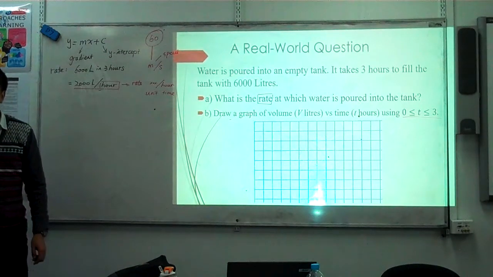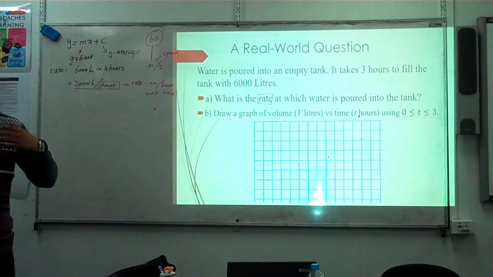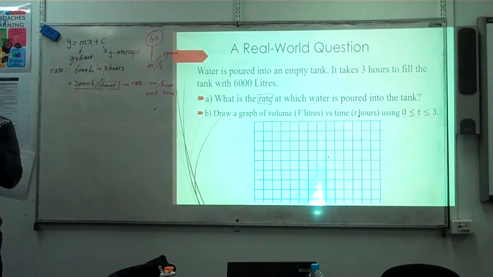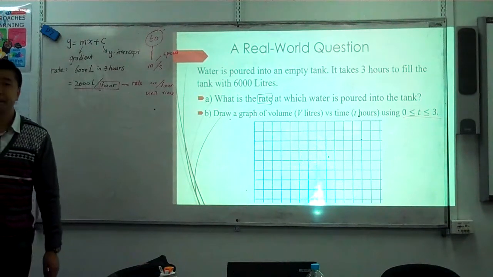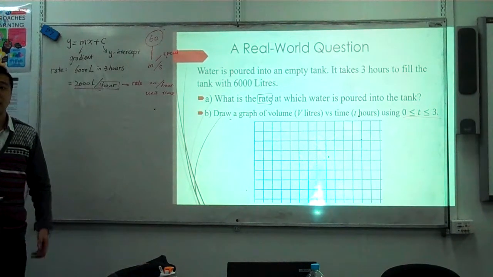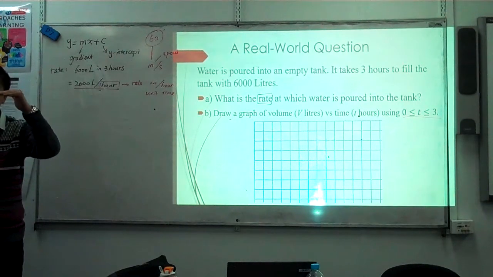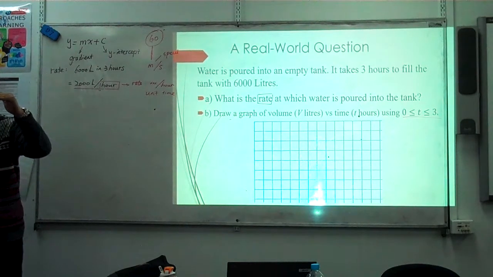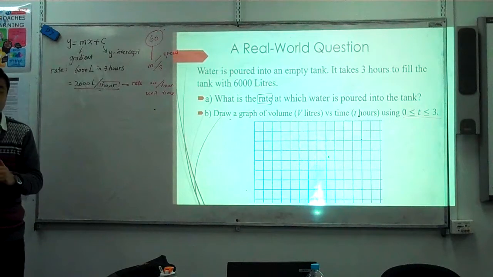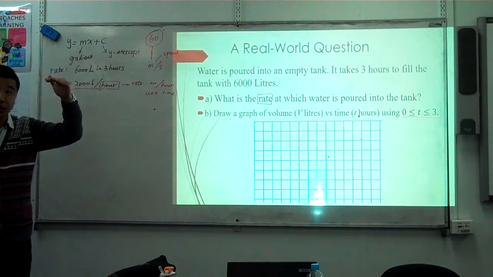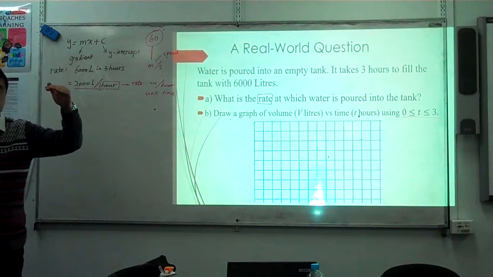Which one will be changed according to which one? The liter will change according to the hour. Oh, some people say the amount of water will be changed according to different hours. Is that correct? Yeah. Or the hours will be changed according to different liters.